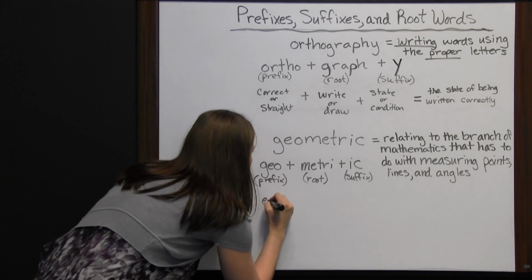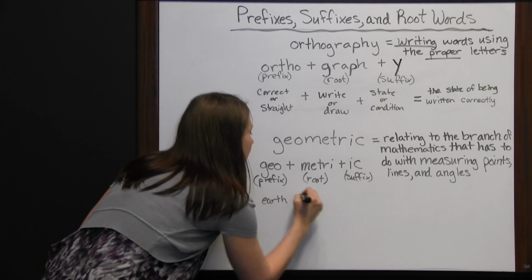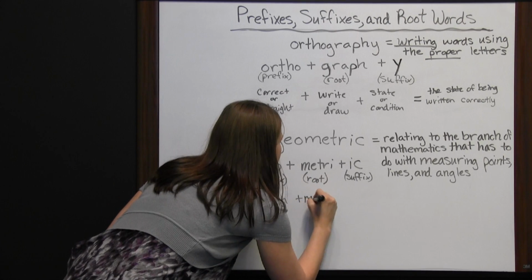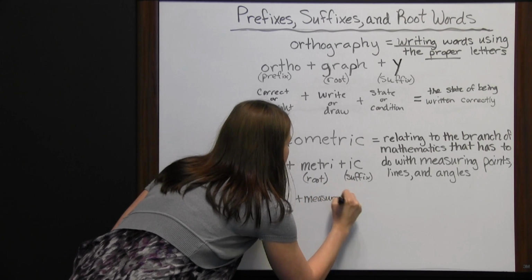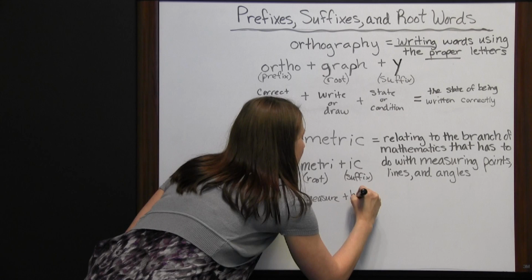Geo means earth, and we put that with metra, which means measure, and ik means having to do with.